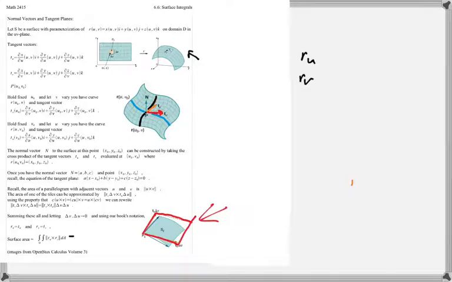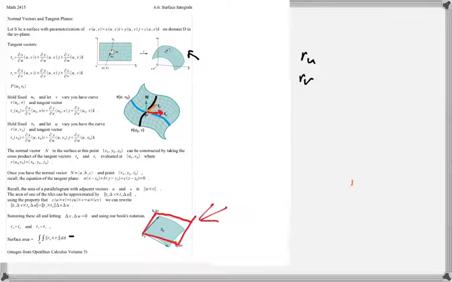Using another property of magnitude, they can be pulled out of the magnitude. So the area of our tile is the magnitude of T sub v cross T sub u, times delta v delta u.